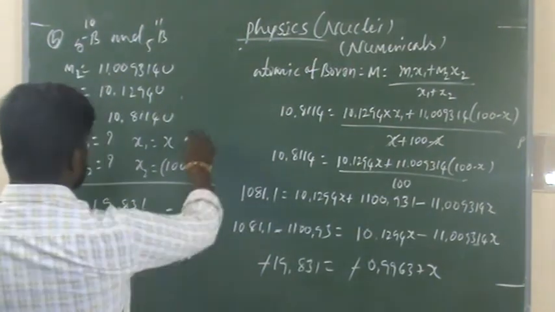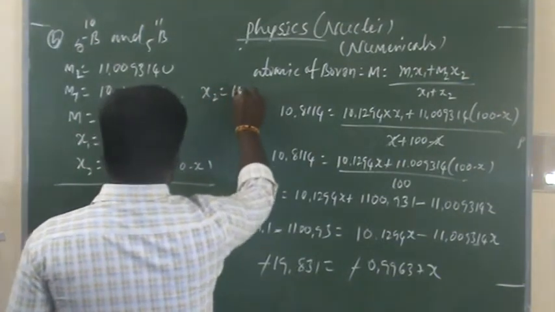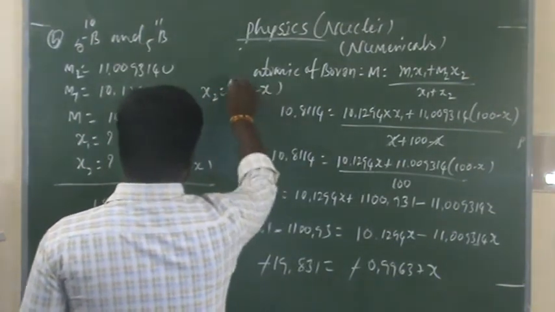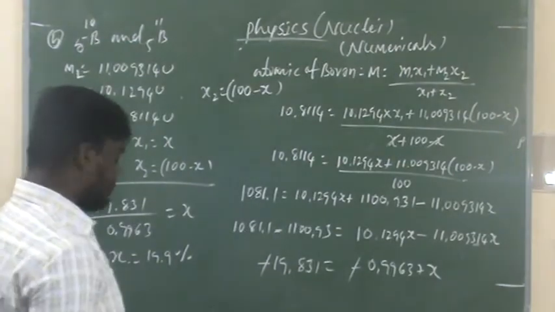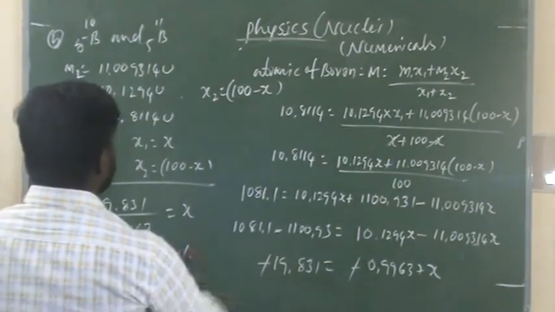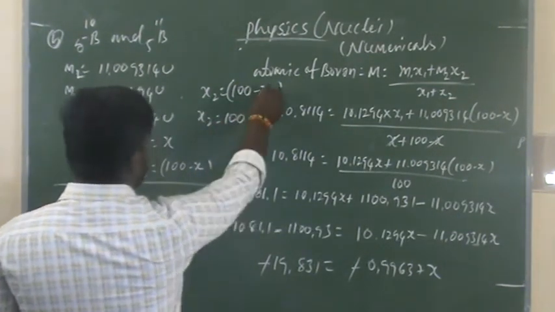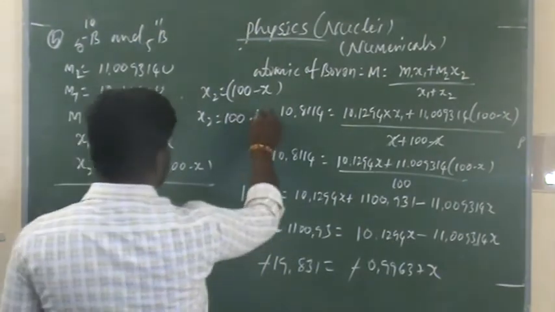So what about x2? We consider x2 is equal to 100 minus x. We know the value of x, 19.9 we got.